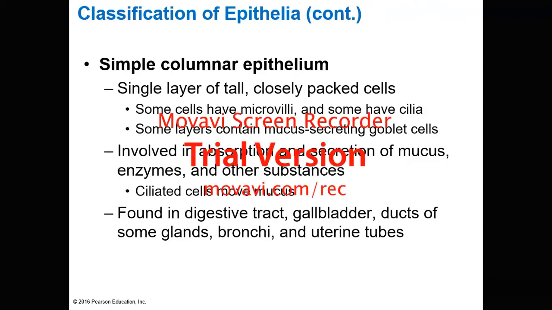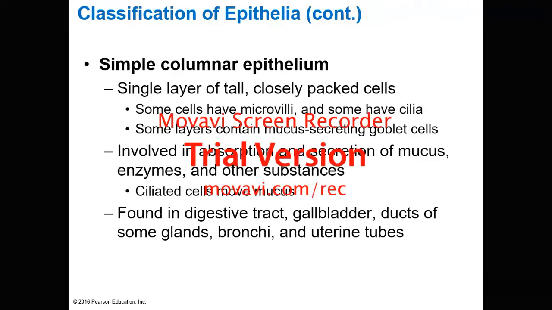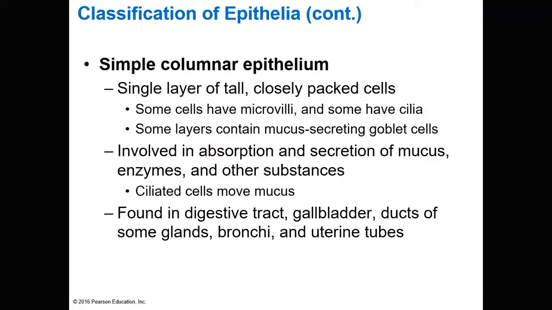The cells that have microvilli are found in places where having a larger surface area is important, for instance in your small intestine and large intestine cells, where they are involved in absorption. Microvilli allow that, so they're found in the digestive tract, gallbladder, ducts of some glands, bronchi, and uterine tubes.